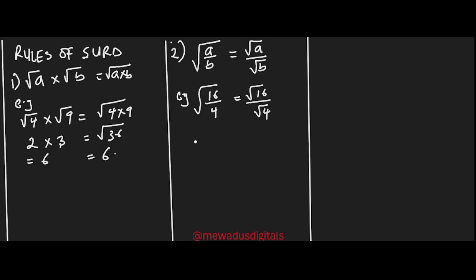Here 16 divided by 4 gives us 4, and root 16 is 4, and root 4 is 2. Square root of 4 will give us 2, and 4 divided by 2 will give us 2. Since our LHS, our left hand side, is equal to the right hand side, this is correct. So root A over B is the same thing as root A over root B.